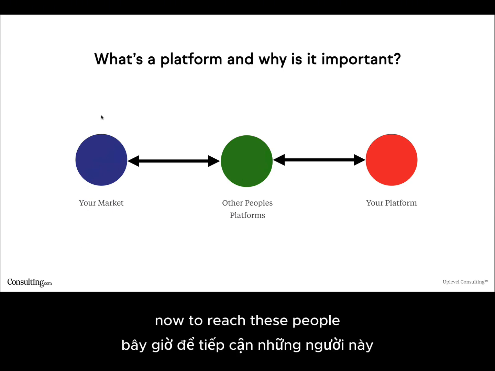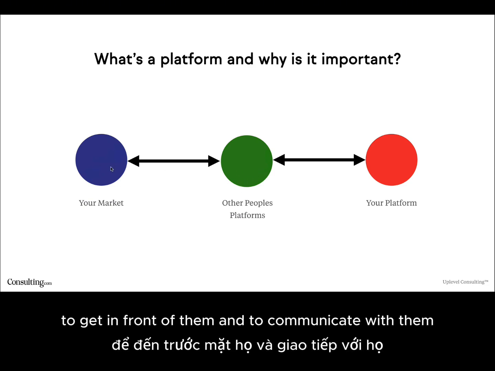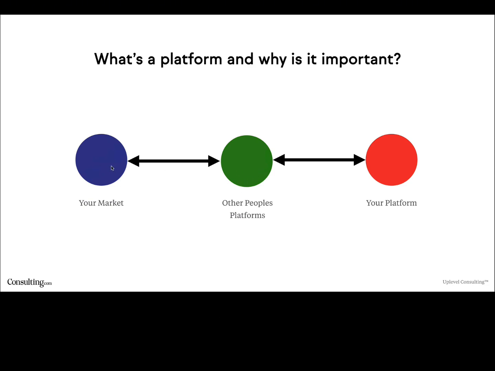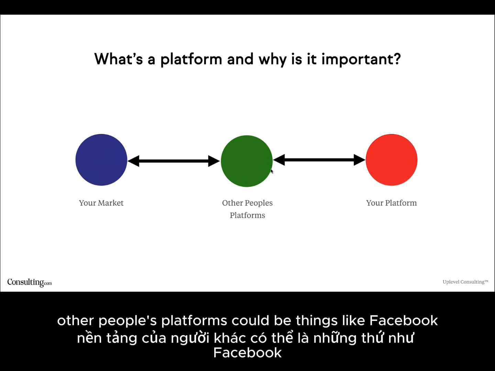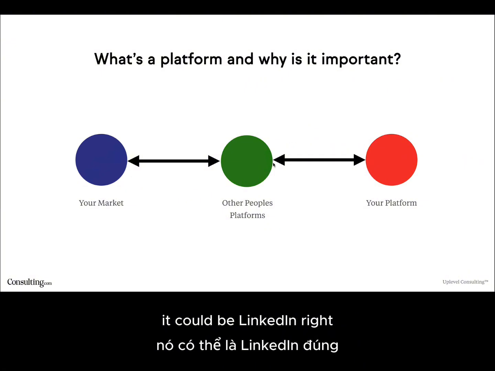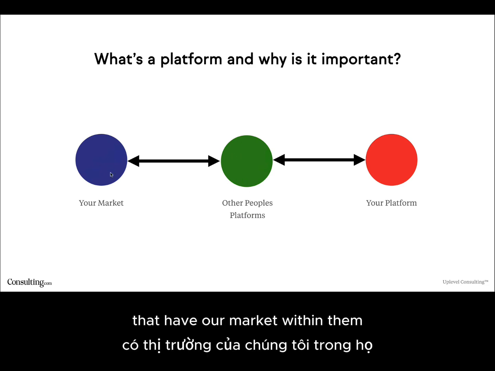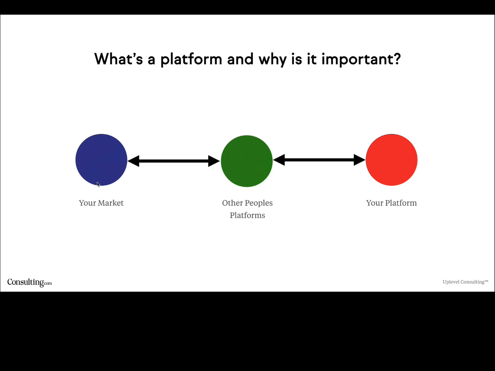Now, to reach these people, we have to go through other people's platforms to get in front of them and to communicate with them. Other people's platforms could be things like Facebook, YouTube, or LinkedIn, right? These are platforms that other people own that have our market within them.